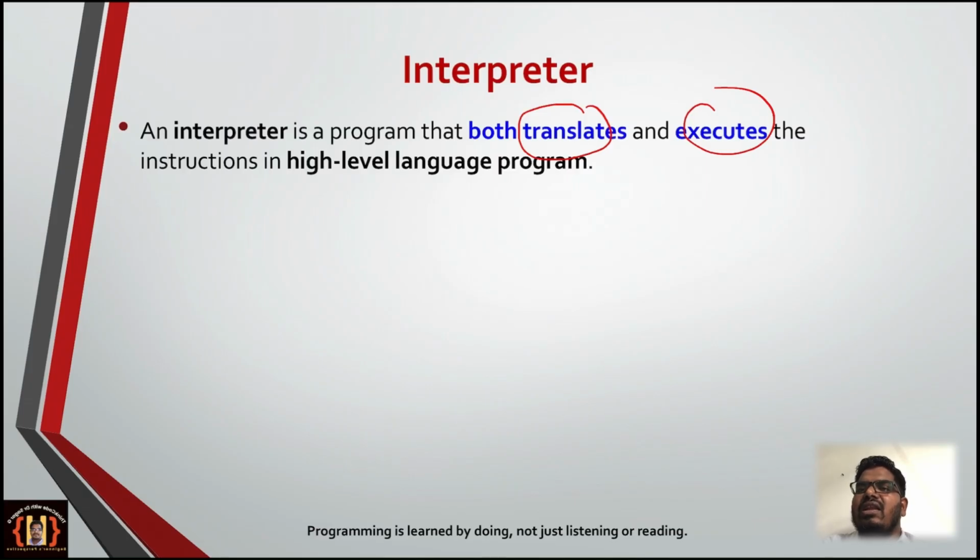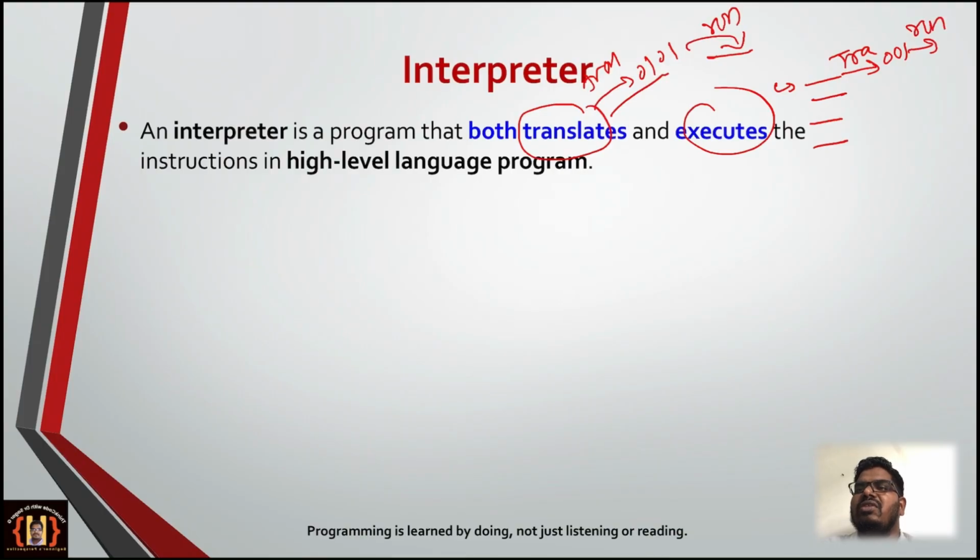So a high level instruction is taken and converted into zeros and ones, and immediately it will run. These are the two steps: translation and running. Both are performed one instruction after another. It takes the first instruction, translates it into zeros and ones, and runs it. Whereas the compiler only translates the entire code at a time into zeros and ones, that is machine code.